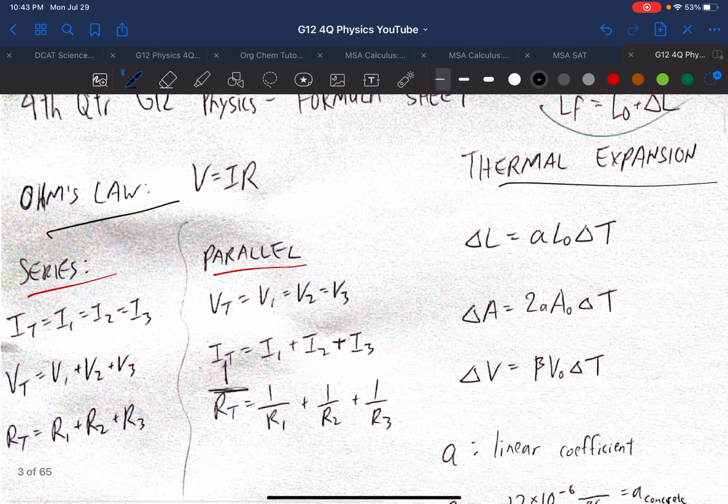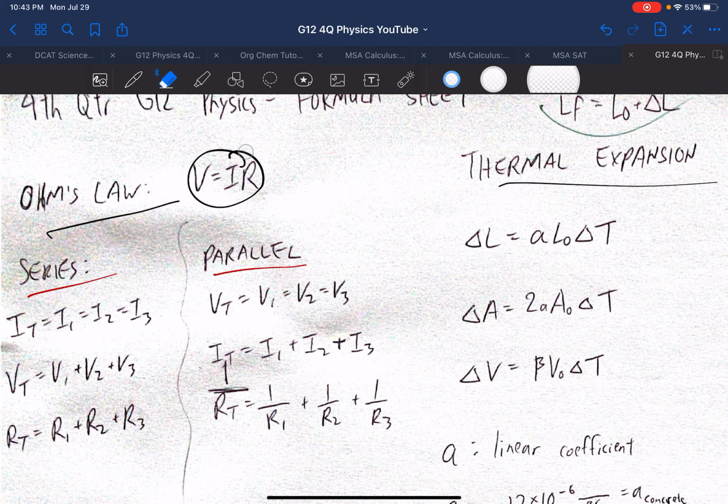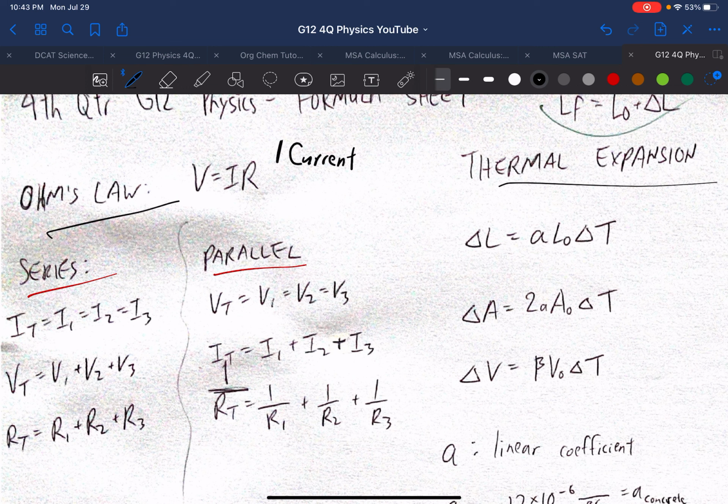Another thing you can mention from this equation: because they're being multiplied with each other, you can say that current has an indirect, or inverse, relationship with resistance. If there's higher current, there's lower resistance. At the same time, if there is low current, then there is high resistance.